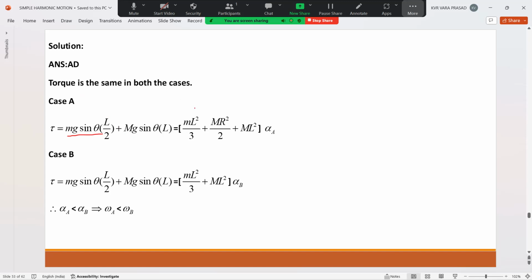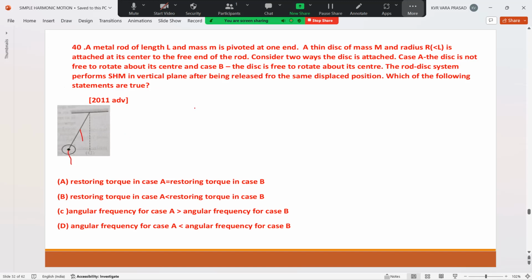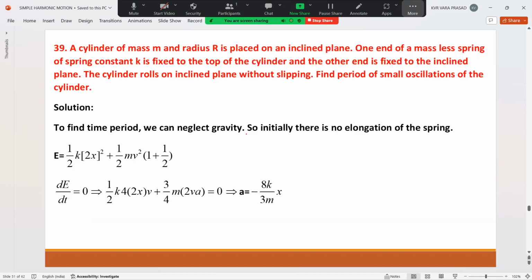But coming to case A, they mentioned that the disk is not free to rotate. Therefore, the motion of the disk will be motion of the center of the disk and rotation about the center of the disk. Now see carefully here.